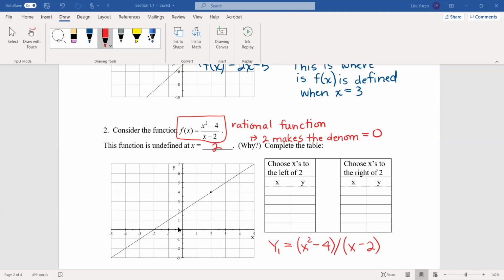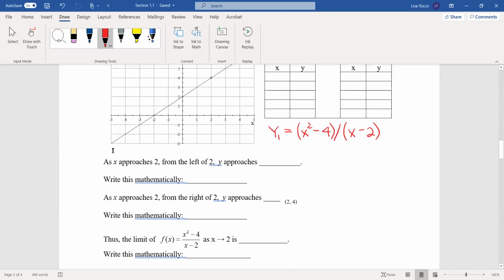Now, in order to use the table the way I have it set up, which is we want to be able to put in our own values for x, I need you to set up your table like this. Go to second window. The table start doesn't matter. I'll just put 0. In fact, the first 2 lines don't matter. What does matter is that you have the last 2 lines set up like that. The independent variable is Ask, and the dependent variable is Auto.